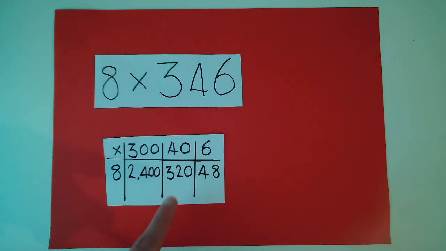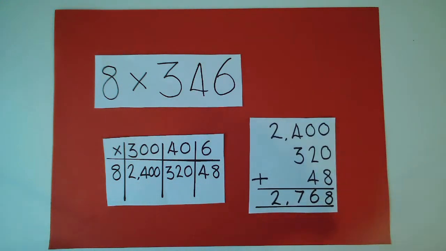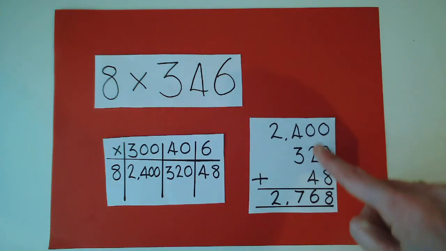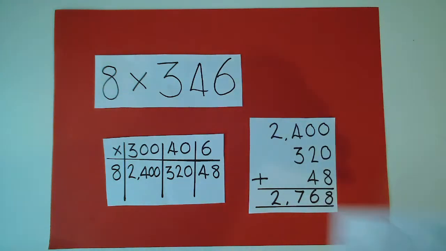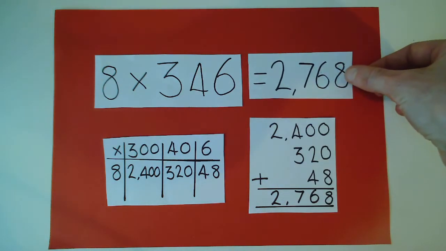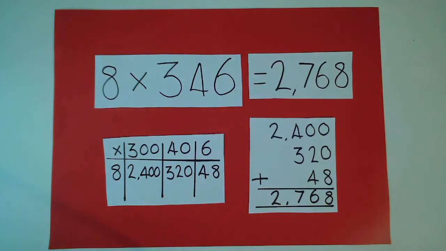Then 8 times 40 is 320, and then 8 times 6 is 48. If you did column addition, hopefully it would look like that. So starting with your ones, then your tens, then your hundreds, then your thousands, and the answer was 2,768. So if you've had a go at that, that is absolutely brilliant.